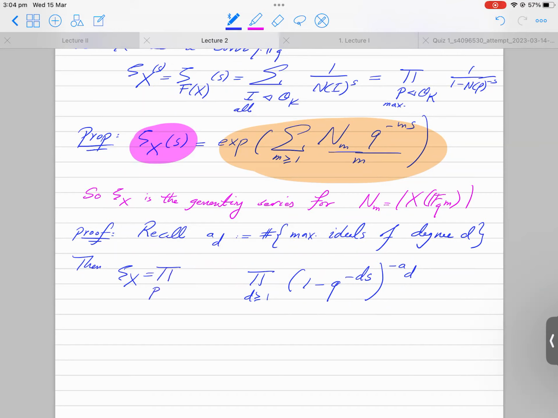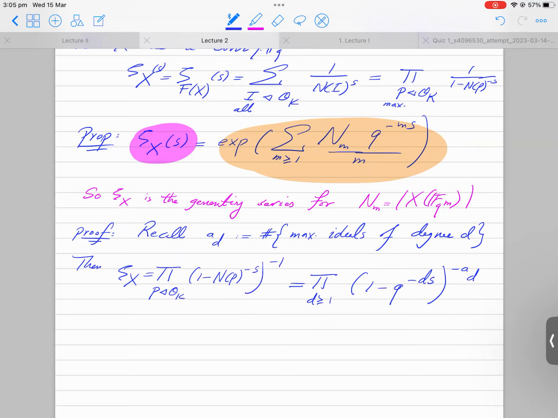That's the product over P of (1 minus N(P) to the minus S) to the negative 1. But remember that N(P) is q to the D. Then the previous lemma said that the number of maximal ideals of degree D is AD, and their contribution is the same. So, do I need to say more, or is this clear?